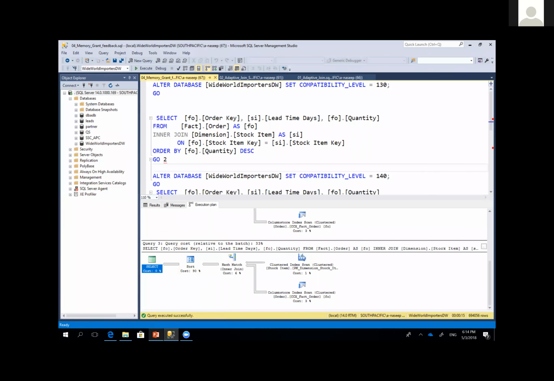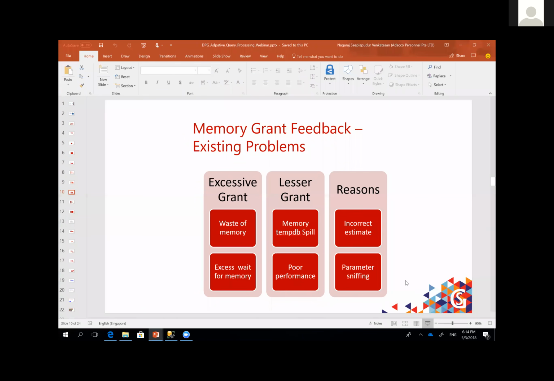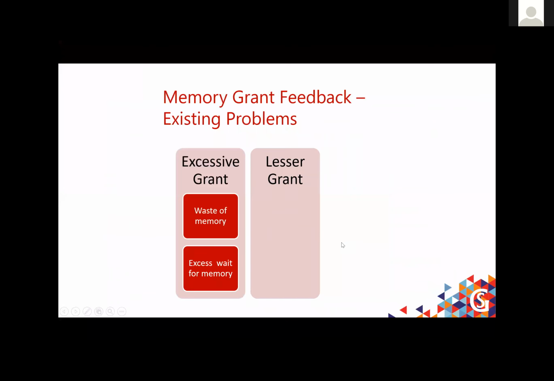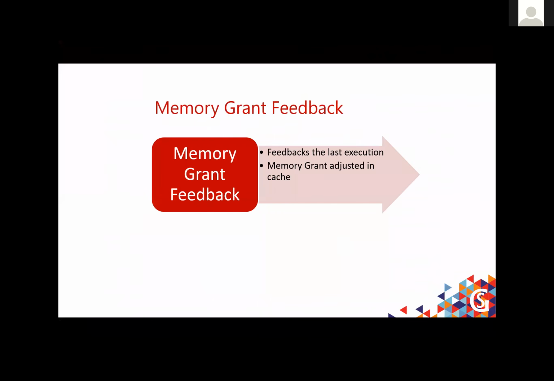So what happens behind the scenes is SQL Server actually gives feedback. After the execution gets completed, the query optimizer feeds back to the plan cache saying, okay, for this particular query you granted this much memory, but it ended up using only this much. So subsequently, when the same query is run and the same plan is accessed, a correction is made. It adjusts to correct the mistake that happened last time.